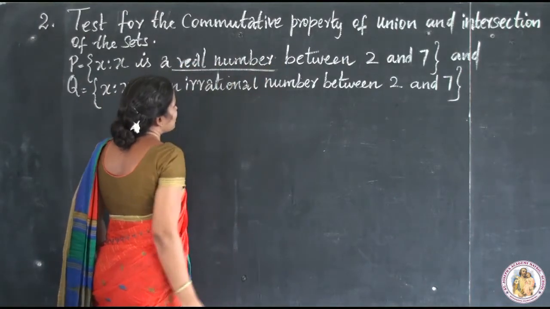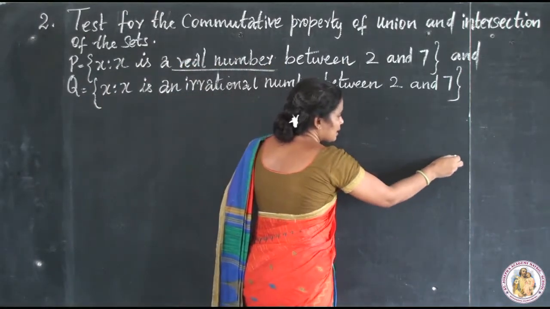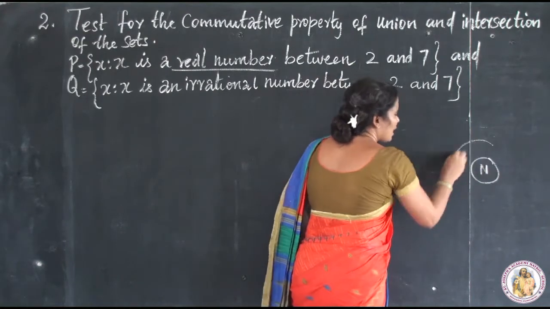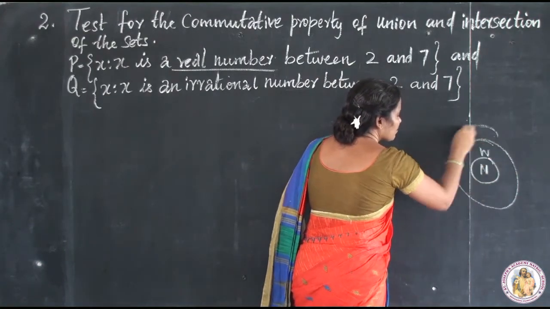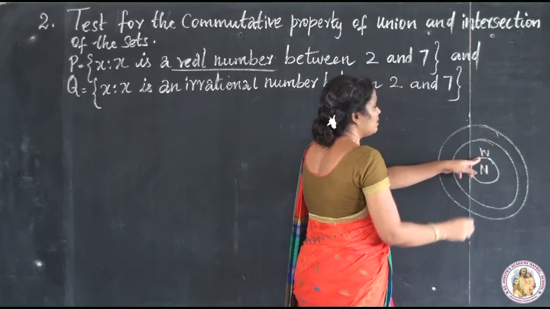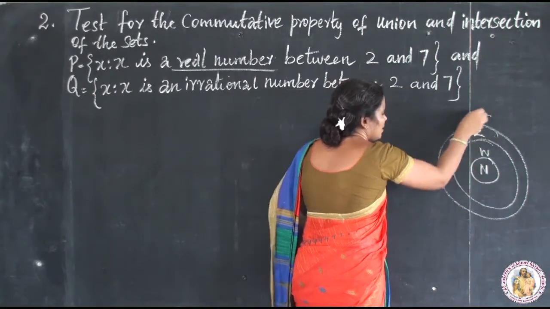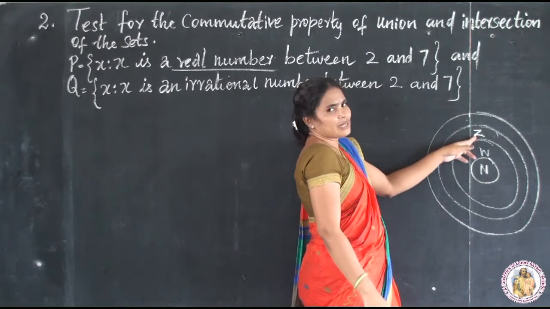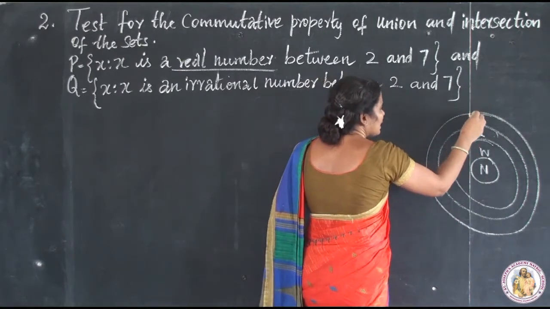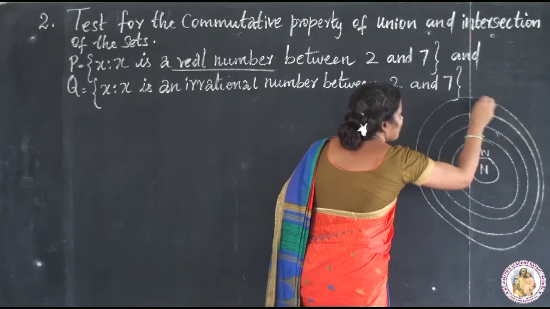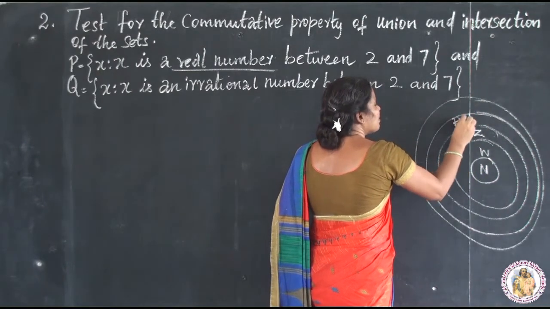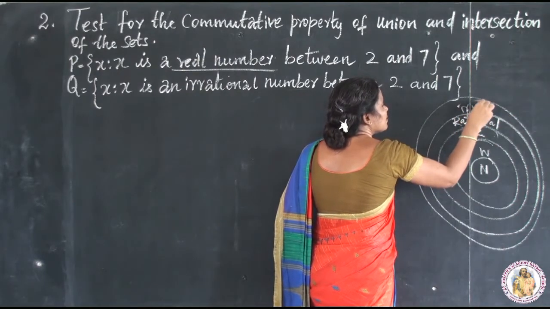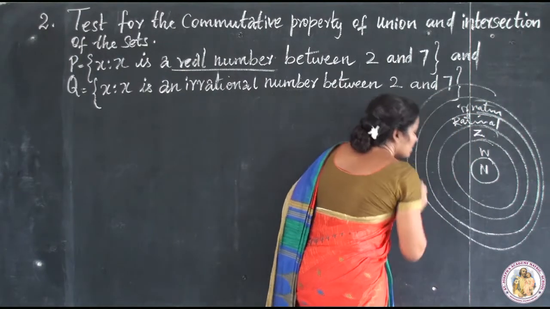What are real numbers? Real numbers include natural numbers N, then whole numbers, then Z, that is both positive and negative integers, then rational numbers and irrational numbers.